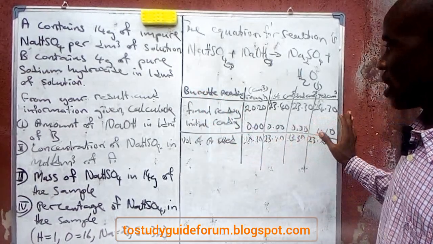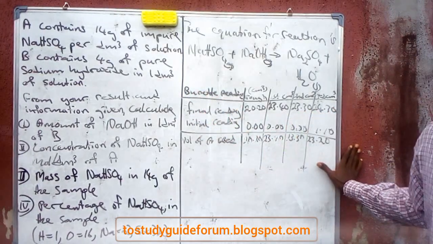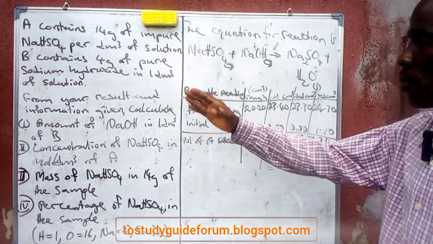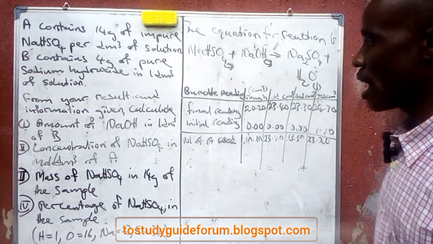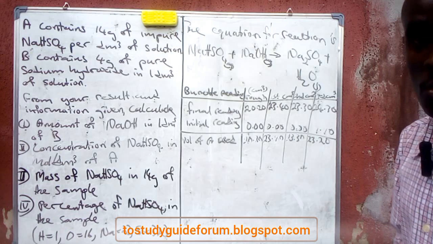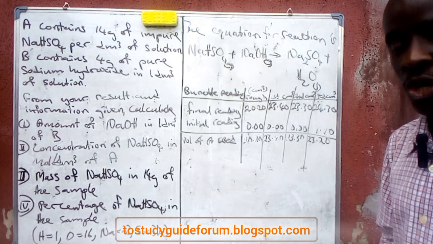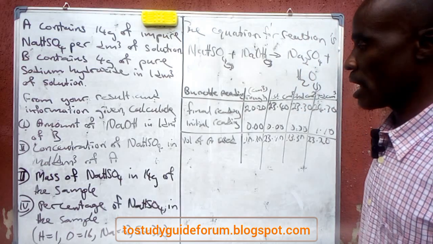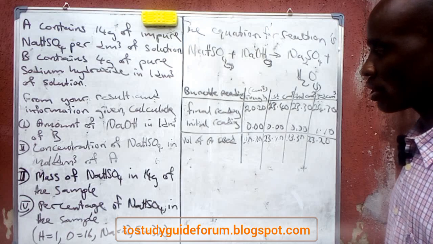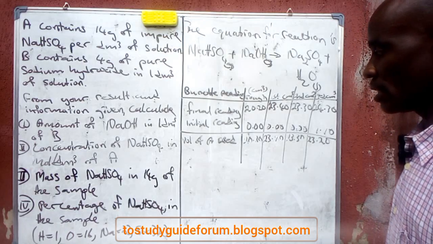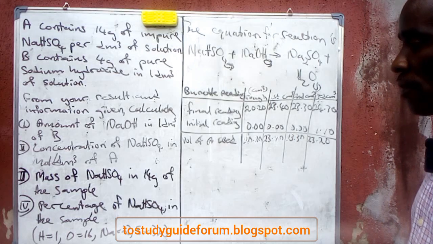Now, at the end of the titration, we have this result. From this result we're expected to calculate the amount of sodium hydroxide in 1 dm cube of B and the concentration of sodium hydrogen tetraoxosulfate(VI) in mole per dm cube of A. The next question is the mass of sodium hydrogen tetraoxosulfate(VI) in 14 grams of the sample.